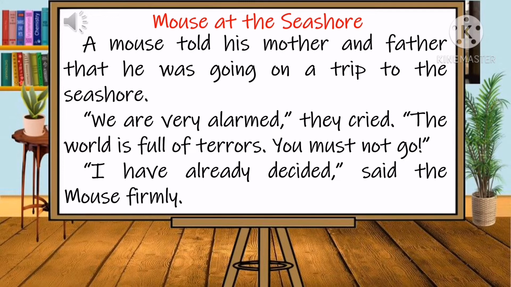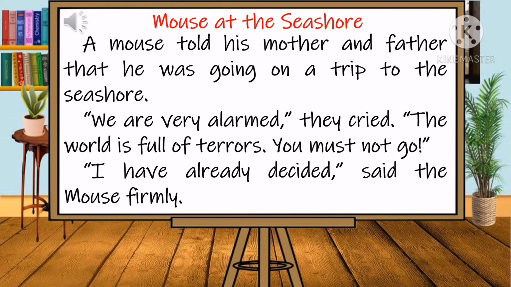"I have never seen the ocean, and it is high time that I did. Nothing can make me change my mind." "Then we cannot stop you," said Mother and Father Mouse. "But do be careful." Early the next day, the mouse began his journey. Even before the morning had ended, the mouse came to know trouble and fear.